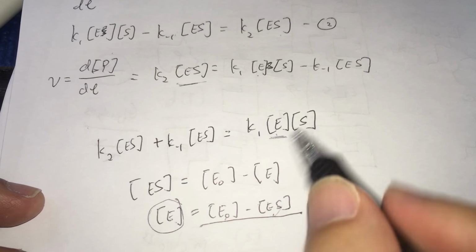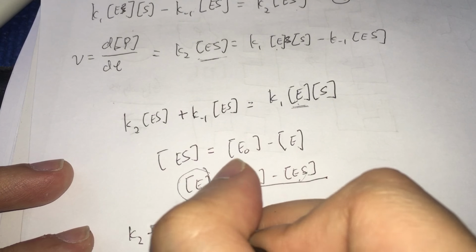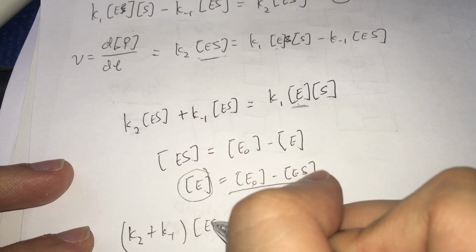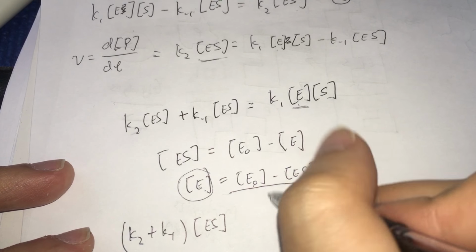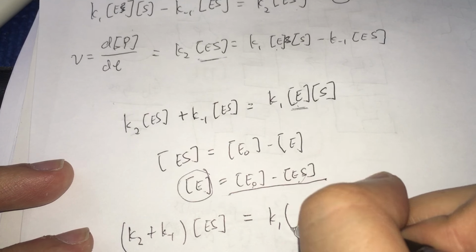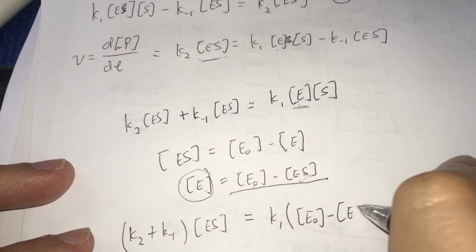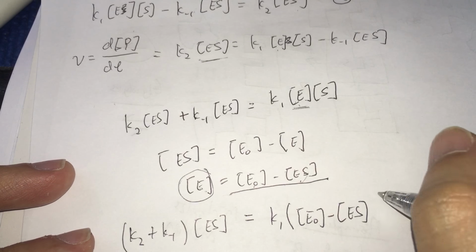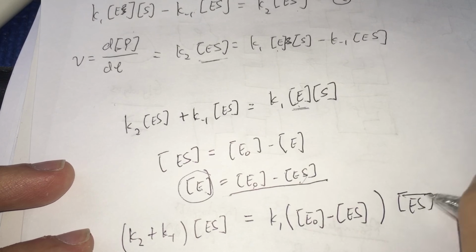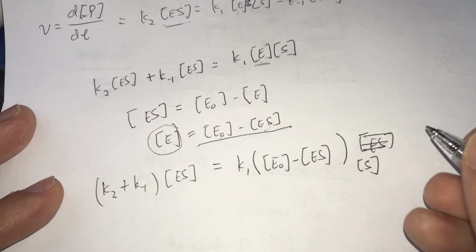So let's see, K2 plus K inverse times the concentration of ES equals K1, then let's bracket it here, E naught minus ES. Let's close this, and we times the S outside. Oopsie. Times the concentration of S.